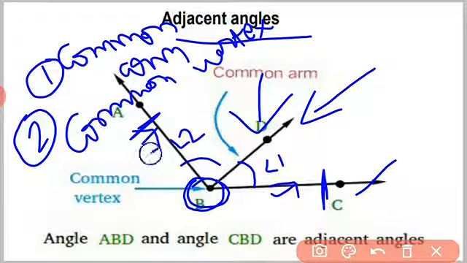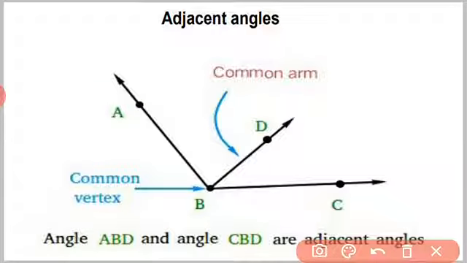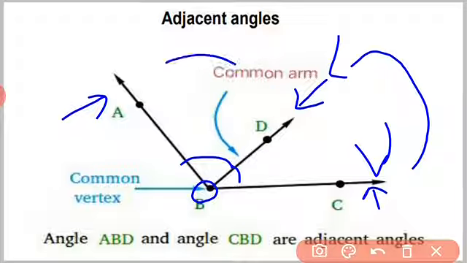These are two non-common arms lying on either side of the common arm. So what are adjacent angles? Two angles are adjacent if they have one common vertex, one common arm, and two non-common arms lying on either side of the common arm.